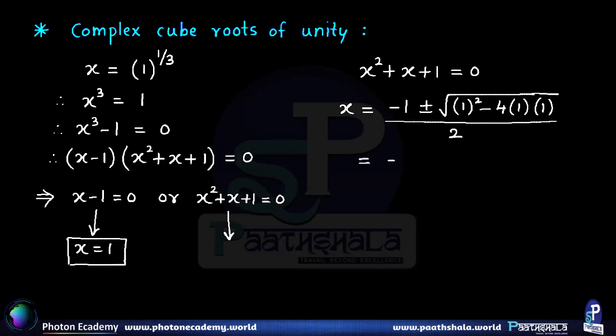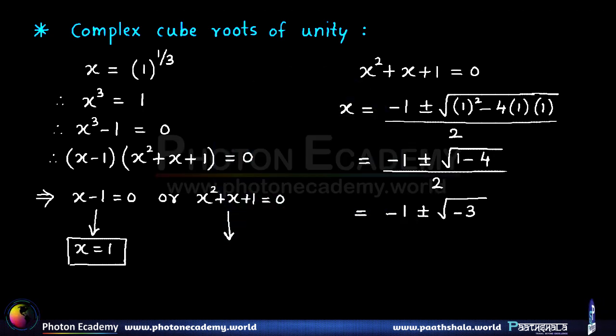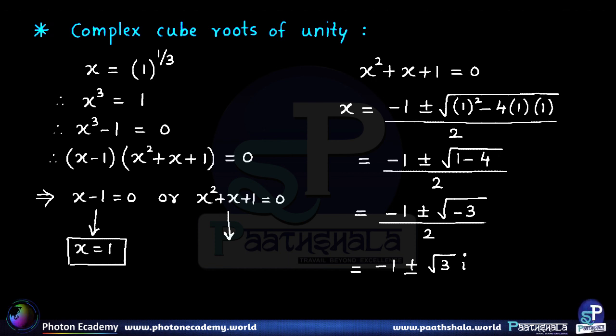So we have minus 1 plus or minus square root of 1 minus 4 whole divided by 2, which is equal to minus 1 plus or minus square root of minus 3 whole upon 2, which in turn gives us minus 1 plus or minus. Now square root of minus 3 can be written as root 3 times i, because minus 3 is 3 into minus 1, and whole divided by 2.